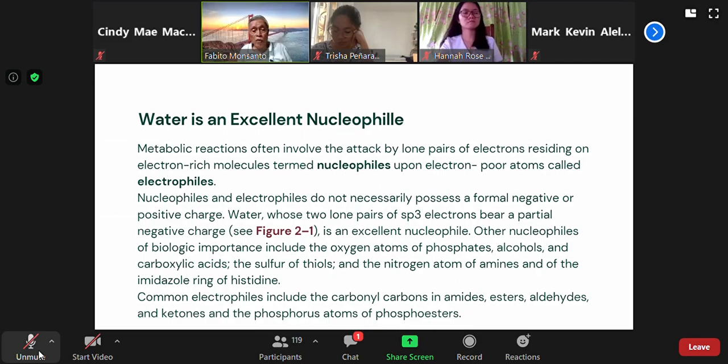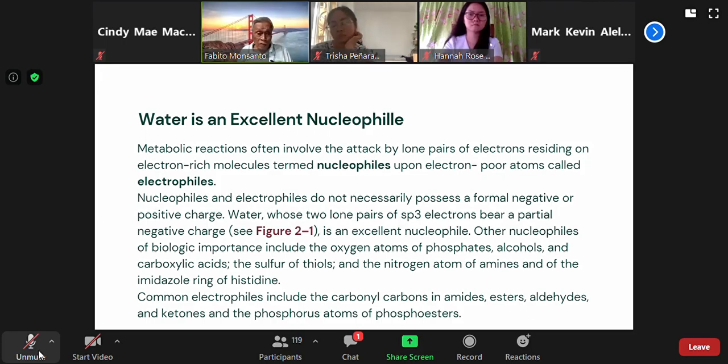So metabolic reactions often involve the attack by lone pairs of electrons residing on an electron-rich molecule termed nucleophiles upon electron-poor atoms called electrophiles.